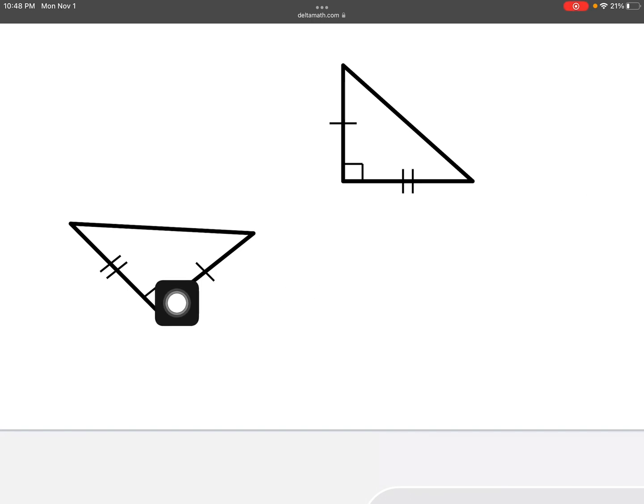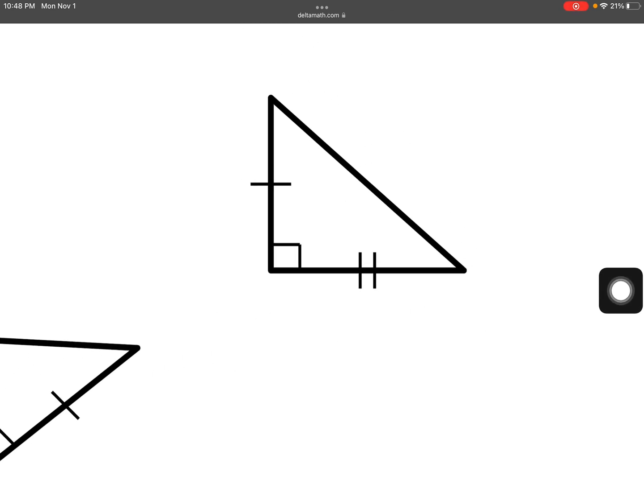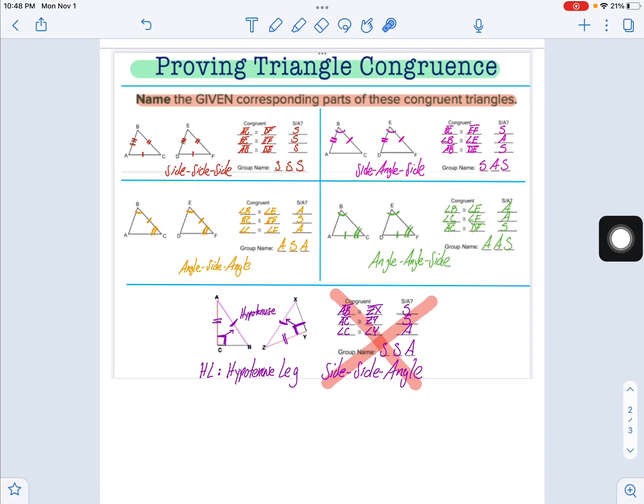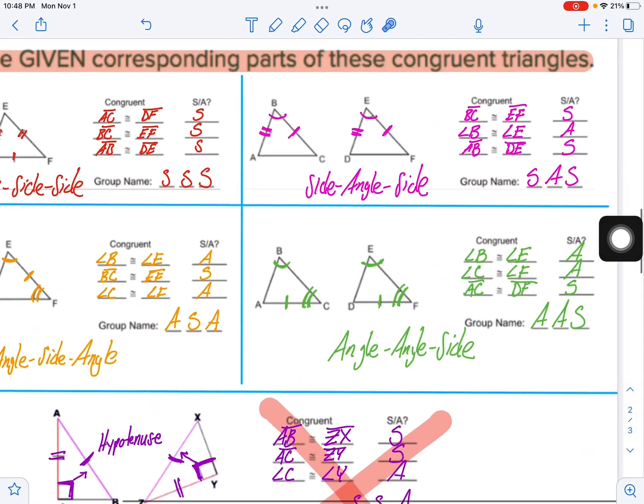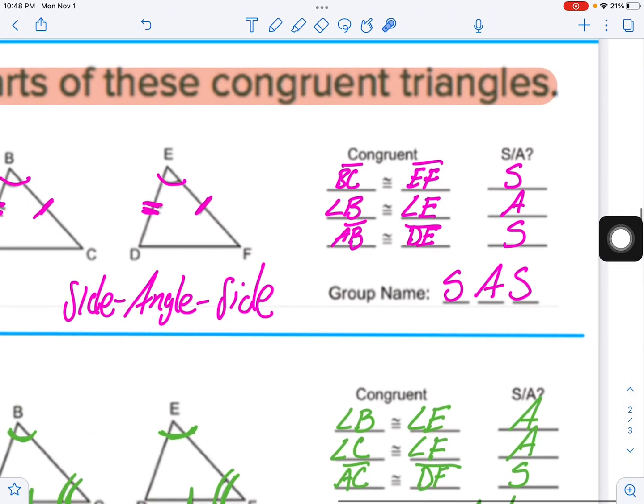All right. So let's see this one. Well, this one does have a 90 degree, but look what it has as well. It has a side, it has an angle, and it has a side. Side, angle, side. Let's see if this one works. Oh, there it is.